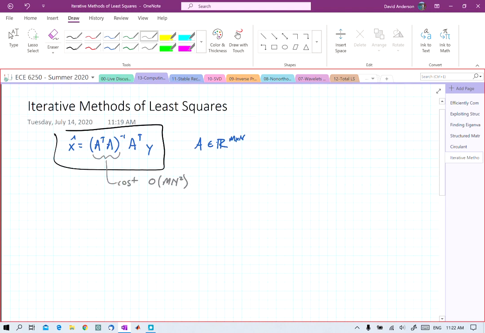So solving this system directly, the system A transpose A x tilde equals A transpose y, will cost n cubed operations.